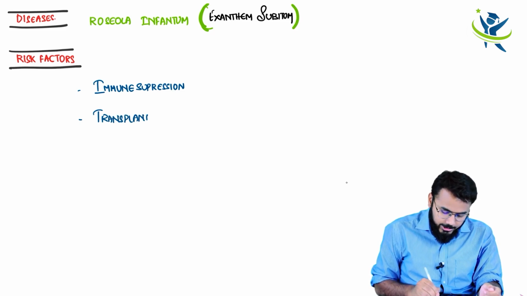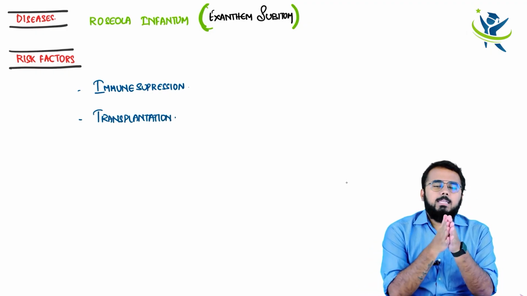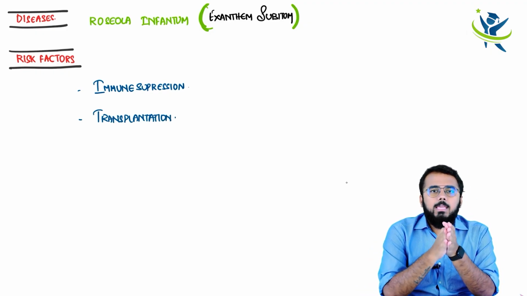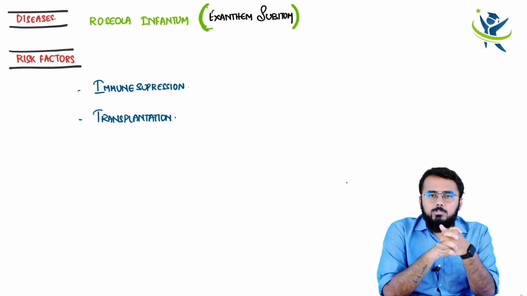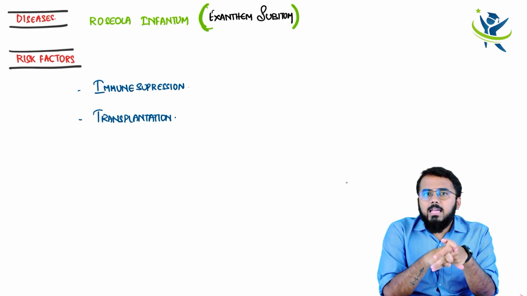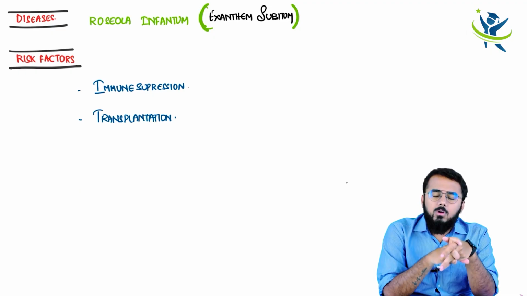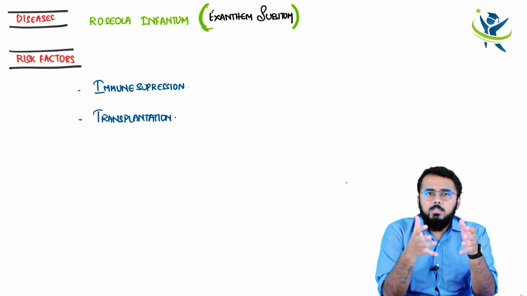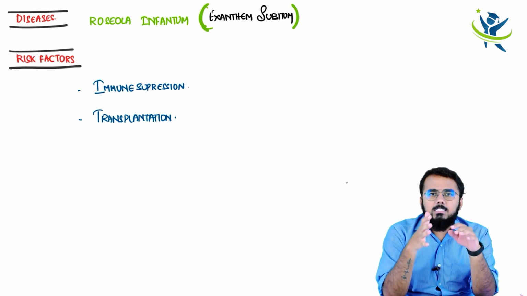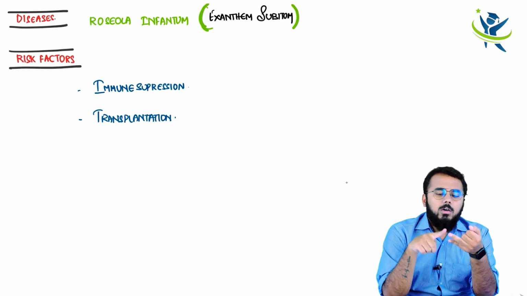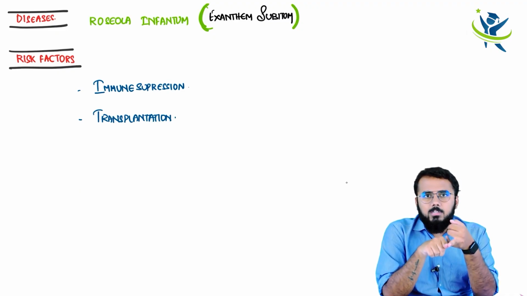Why transplantation? For example, let us say I have third stage liver cirrhosis. Now, is it a reversible or an irreversible injury? Obviously, it is an irreversible injury. You cannot reverse it. So in that case, either I die or the second option is liver transplantation.